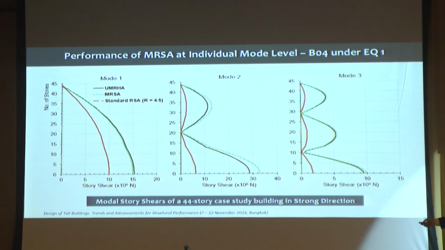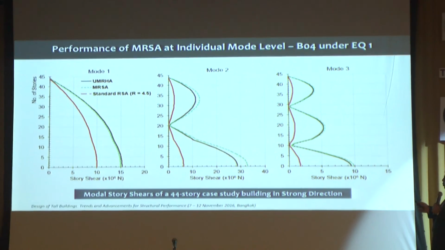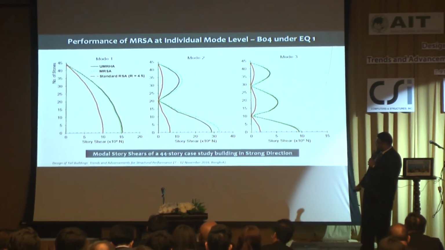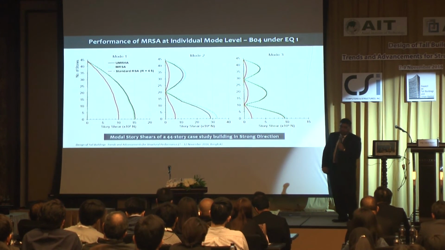This is our benchmark. You can see that the green line, which is our modified response spectrum analysis from a linear elastic model having a delayed period and additional damping, is matching beautifully with the UMRHA results, while the standard response spectrum analysis, which recommends reducing each mode by the same response modification factor, 4.5 in this case, is underestimating significantly.